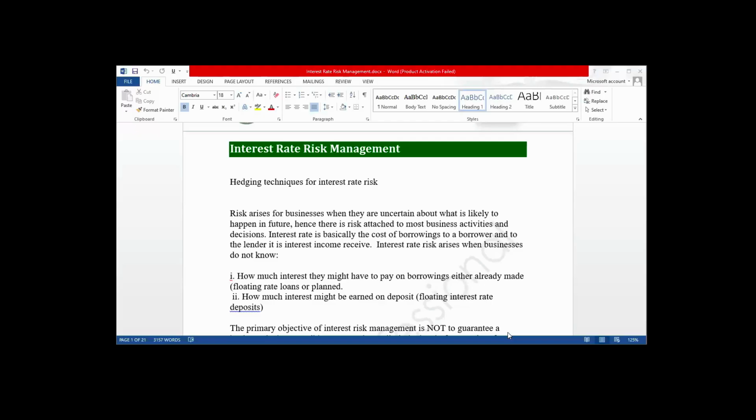Our company had a management meeting. At that meeting, it was discussed and agreed that our company needs to borrow money. We need to borrow 500 million in 2 months' time.